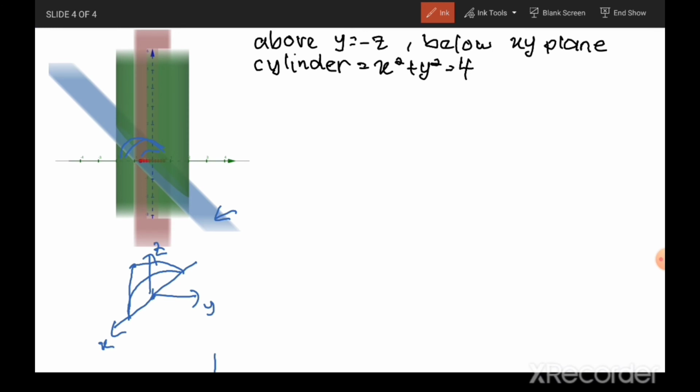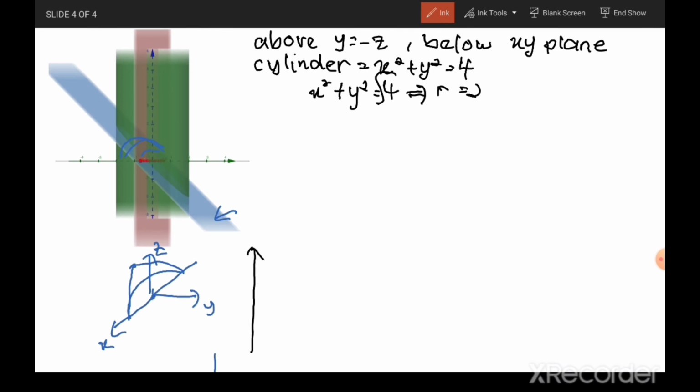Okay, so how to find the intervals? x square plus y square equal to 4, so the radius of the cylinder is the square root of 4, which is 2.